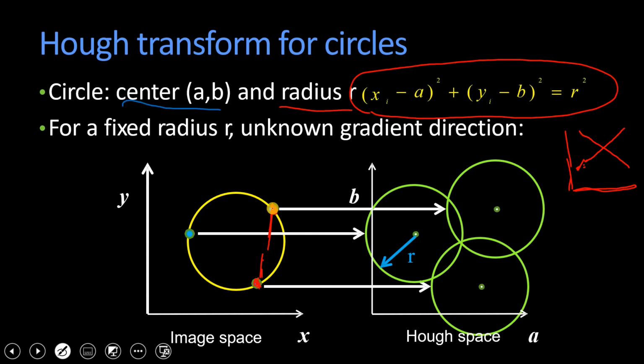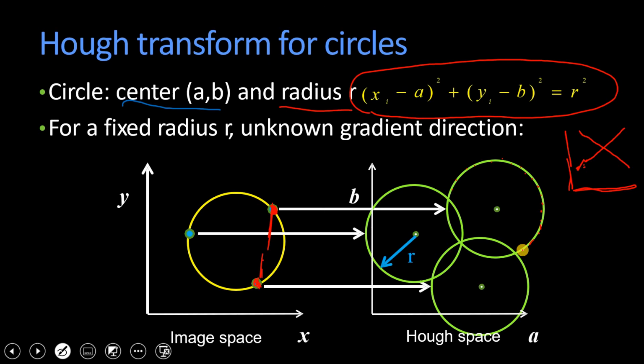Here the theory pattern is the same, only some things change. Over here I have a point. This point in the Hough space is represented by all the points that lie on the boundary of this circle. All the points on this boundary, an infinite number of points, represent an infinite number of circles in Hough space.